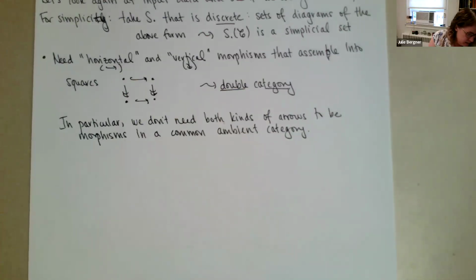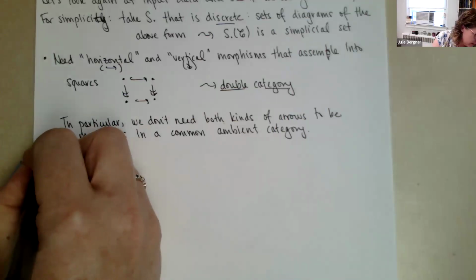All right, but then that presents some new difficulties, because if you're not in a common ambient category, then it doesn't make sense to talk about bicartesian squares. You can't take pushouts and pullbacks unless everything lives in a category altogether.